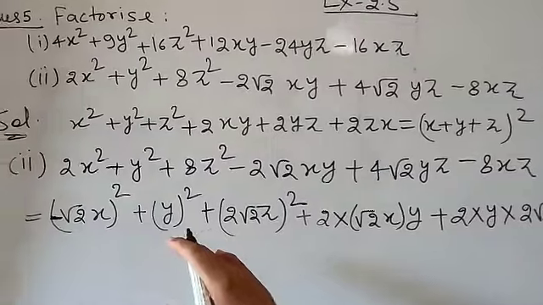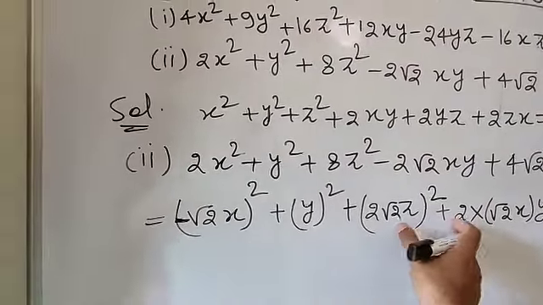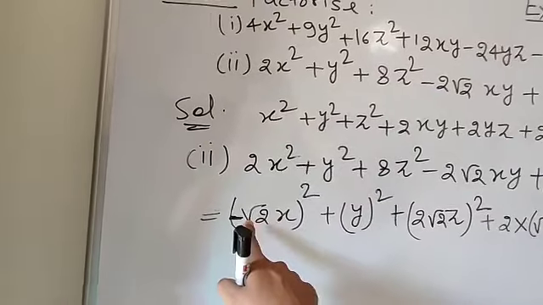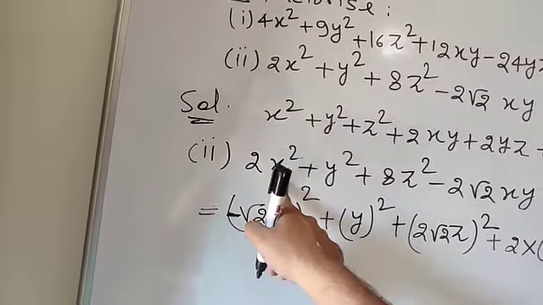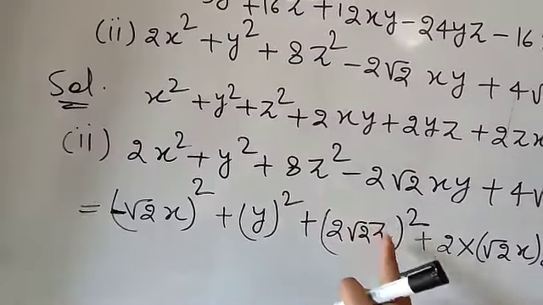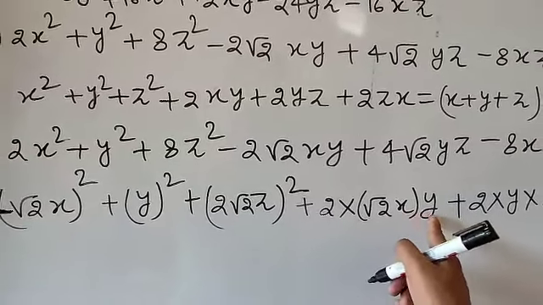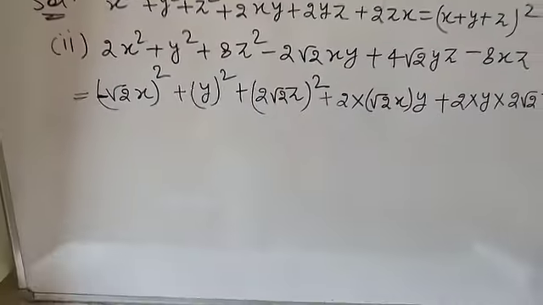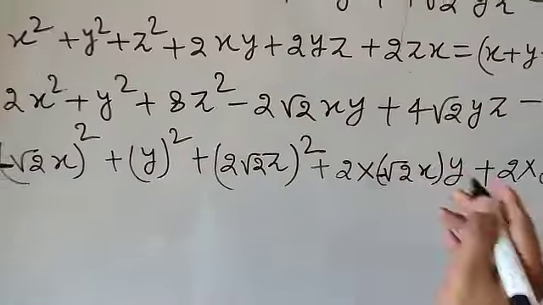Now once again match whether the question's terms are similar to that expanded form or not. Minus root 2x square, a negative term's square will be positive, root 2 x square, y square, 2 root 2 square will be 8 z square. Now 2 into root 2 into x into y, that will be 2 root 2, here x is negative, so it will be negative.